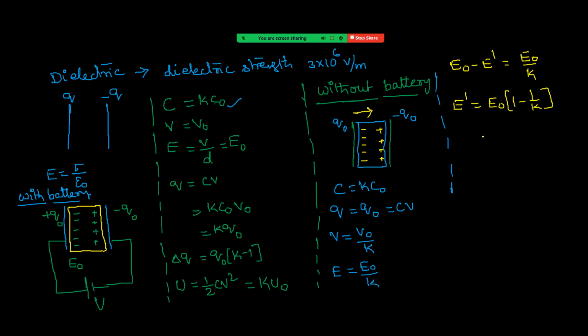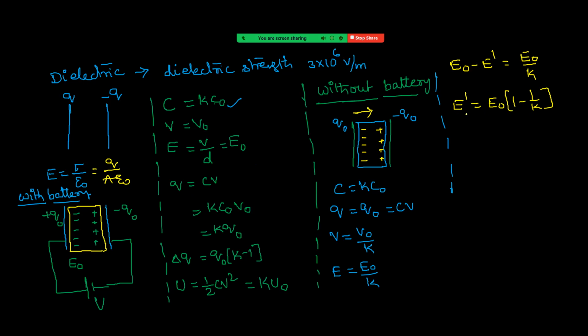And we know that field equal to sigma upon epsilon naught, or in the place of sigma, I can say Q by A epsilon naught. Now see here what I can write. A and epsilon naught remaining, it is now Q, right?